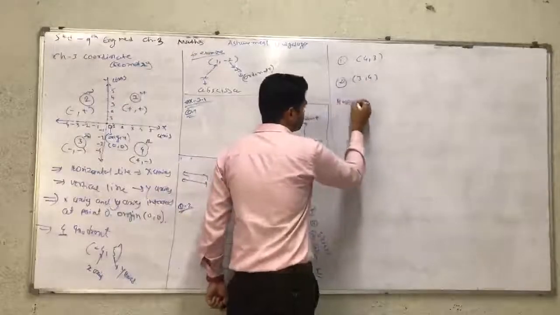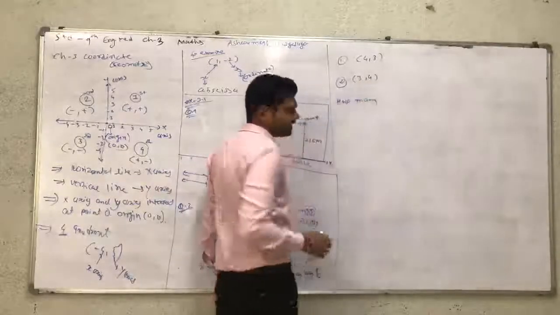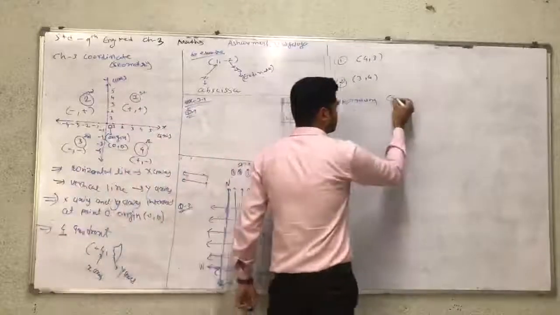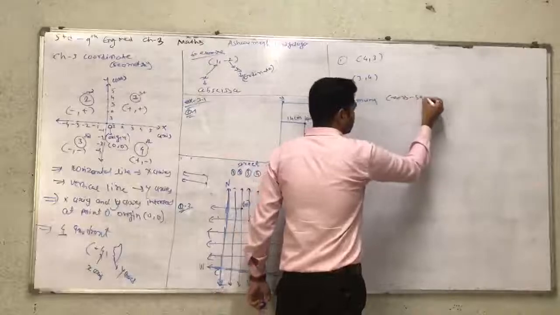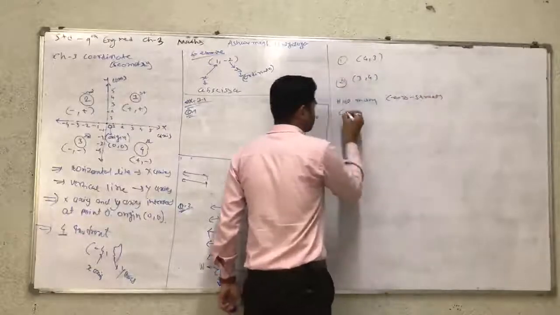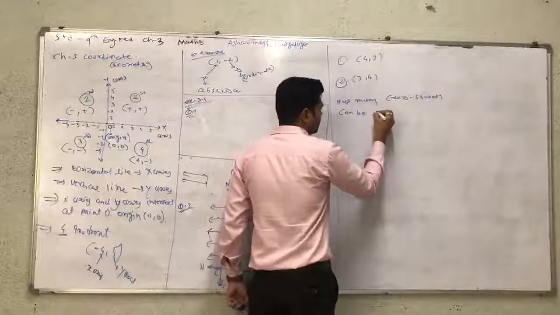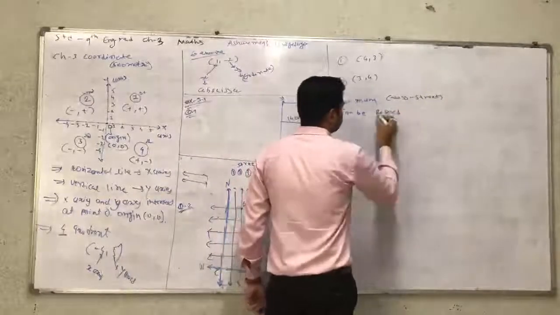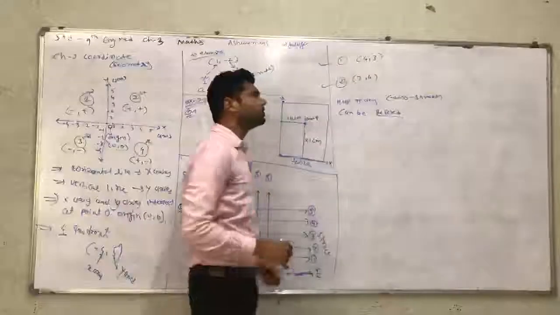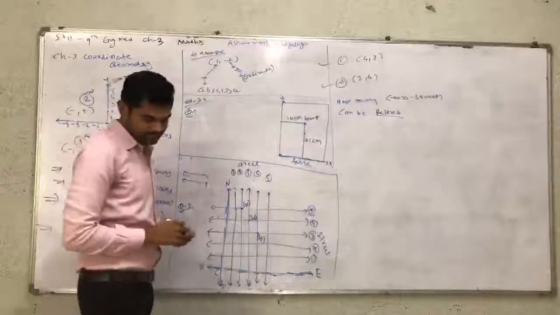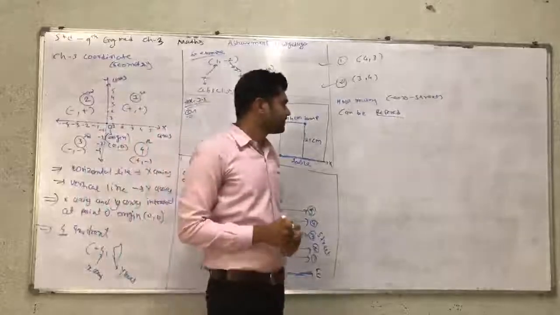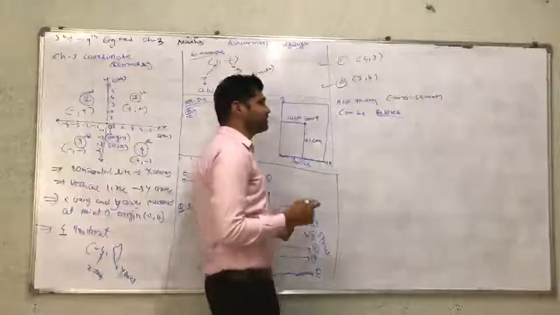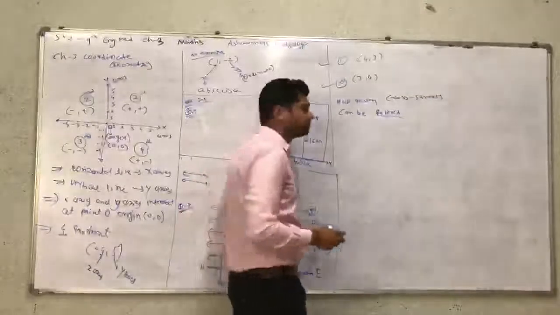So the question is: how many cross streets can be referred to at two points? One is 4, 3 and another is 3, 4.